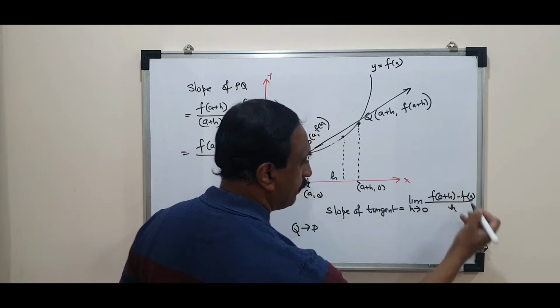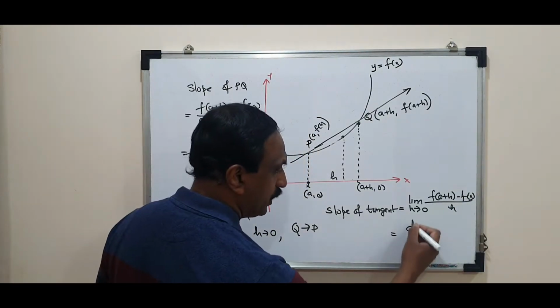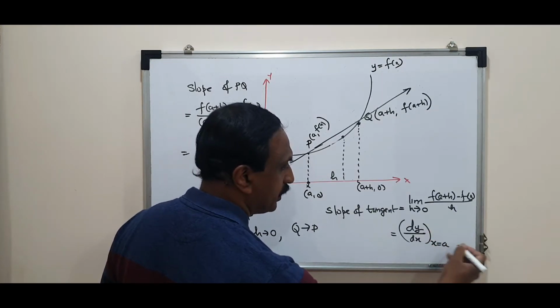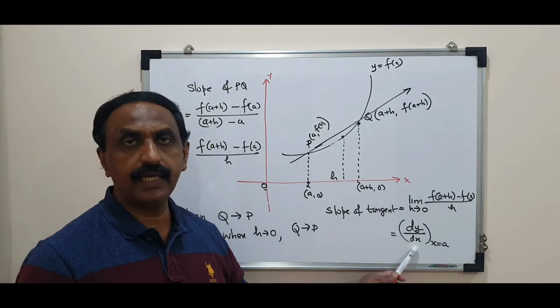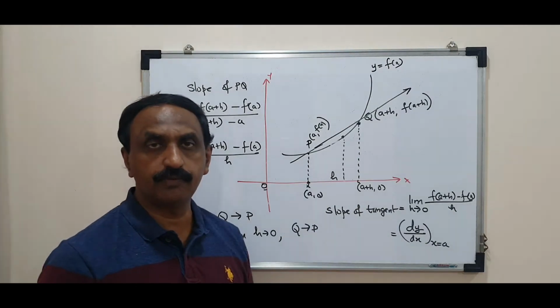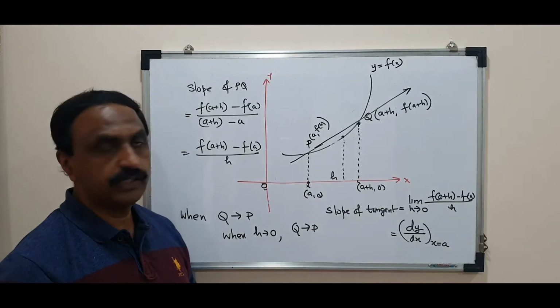This is nothing but the definition of the derivative at a point. So therefore, this is dy by dx at the point x equal to A. So we need not use this limit definition. We can directly calculate the derivative and substitute the x coordinate and you will get the slope of the tangent. This is the formula that we can apply to find the slope of the tangent.